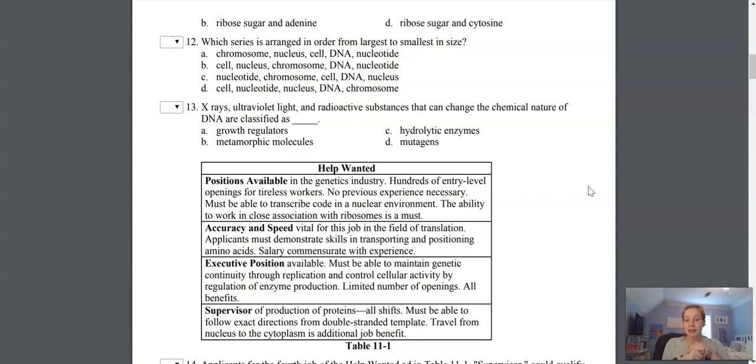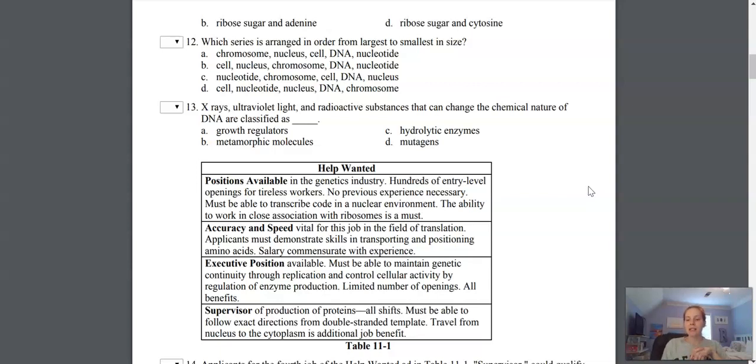So the answer would be B. Cell is the largest, then you have the nucleus, then you have chromosomes, which are in the nucleus, then you have DNA, which is wound up to make chromosomes, and then you have a nucleotide, which is the monomer of DNA.